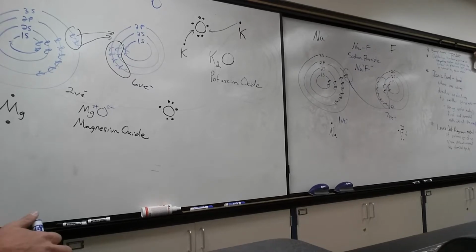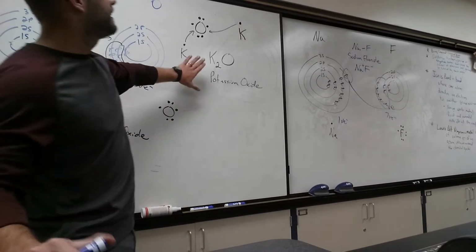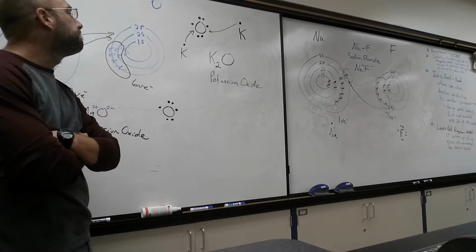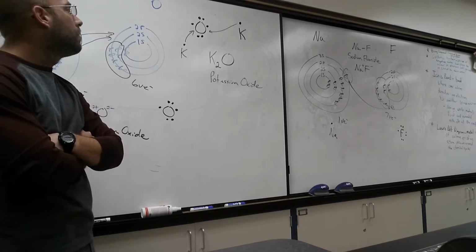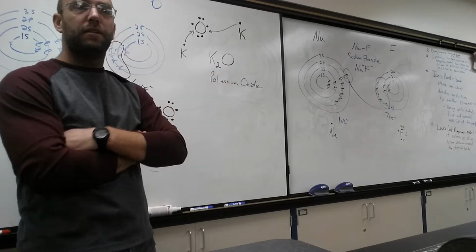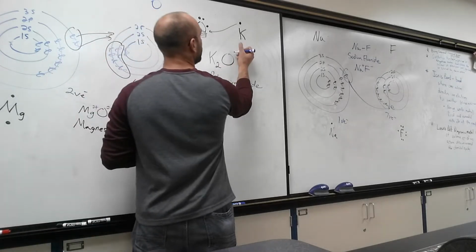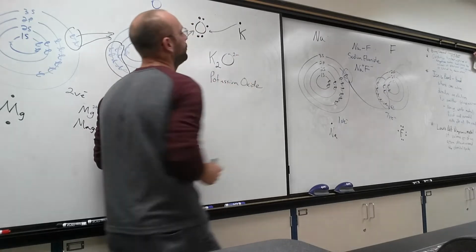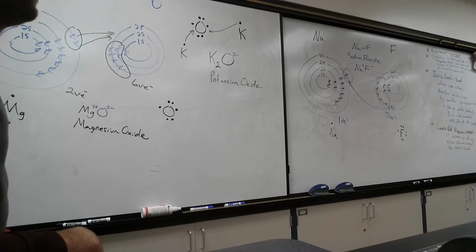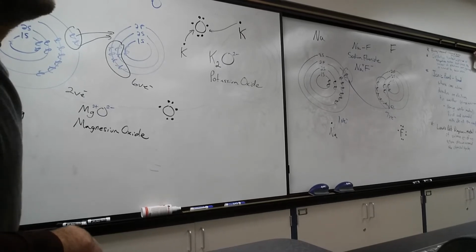All right, now it's time to get a little trickier. Let's look at this one. Oxygen's easy, right? What's happening to oxygen? Gaining 2, so it's going to be 2 minus, gaining 2 negatives. Now, look at that definition.